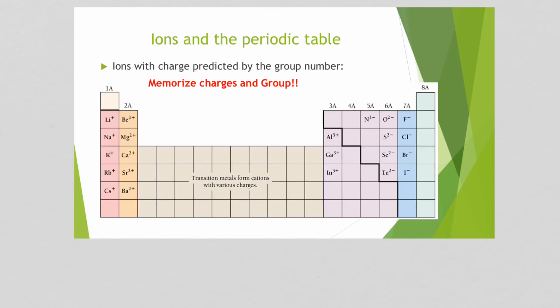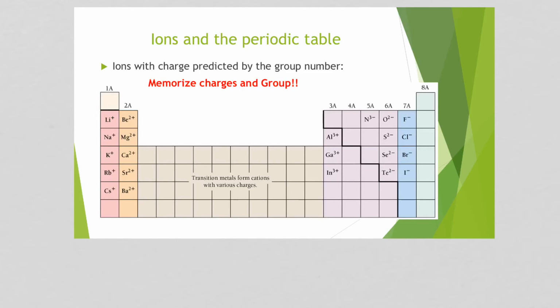So based on what group it's in, we can predict the charge. For example, all alkali metals will form positive 1 ions. Alkaline earth metals will form positive 2 ions. Halogens will mostly all form negative 1 ions. Group 6, negative 2. Group 5 likes to form negative 3.